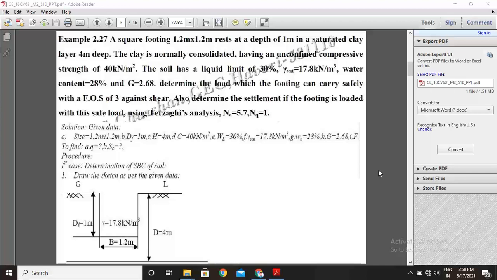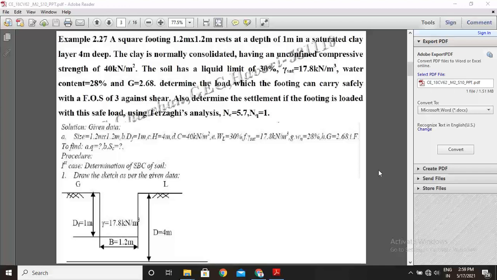Next problems. Let us see how this problem is asked. A square footing 1.2 meter into 1.2 meter rest at a depth of 1 meter in a saturated clay layer 4 meter deep. The clay is normally consolidated, having an unconfined compressive strength of 40 kilonewton per meter square. The soil has a liquid limit of 30%.